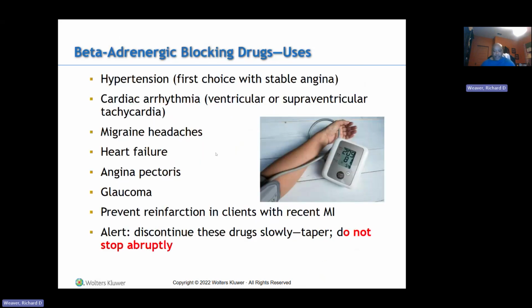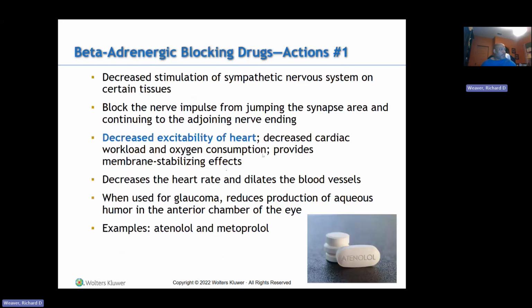Kind of go back. Actually, I went too far. All right. So there's also decreased excitability of the heart. So when the heart is not really beating very fast, then what you're doing is you're decreasing the heart's workload. See, when the heart is beating very fast, then the workload is increased, and when the workload is increased, it requires more oxygen.